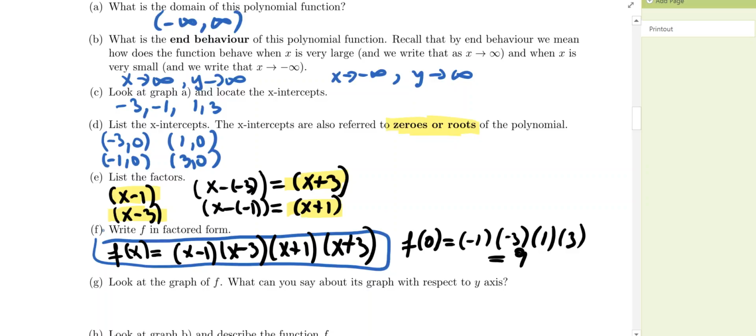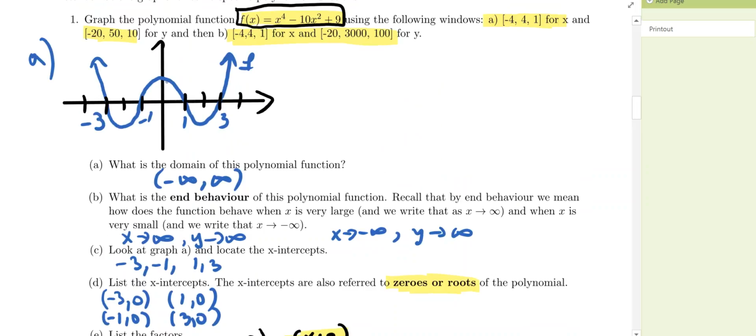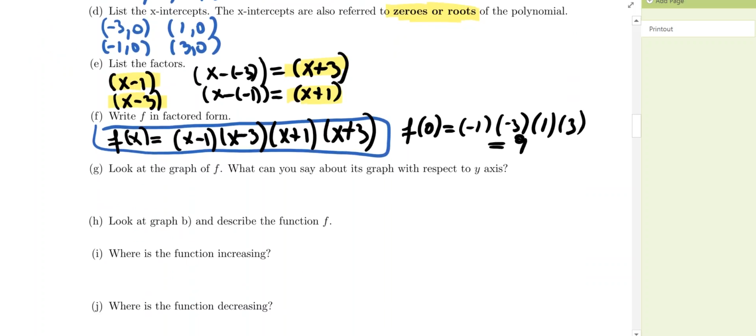If we look at the graph now, what can we say about it with respect to the y-axis? You notice how the graph is a mirror image of itself across the y-axis. So this is the y-axis. This point right here is mirrored in this point. This point right here is mirrored in this point. So when that happens, we say that the function is an even function.